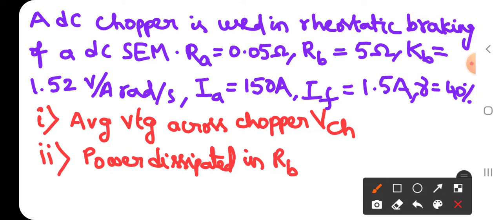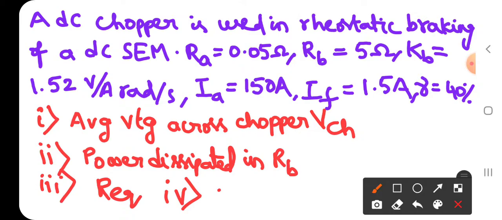Third, the equivalent load resistance of the motor acting as generator. Fourth, the motor speed.